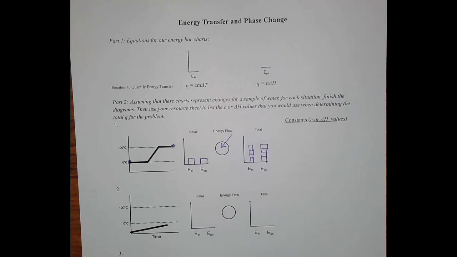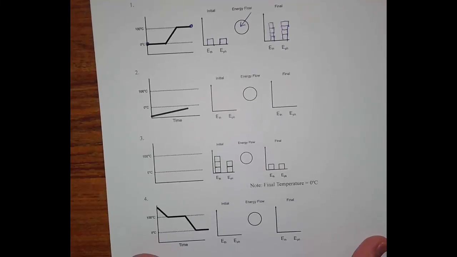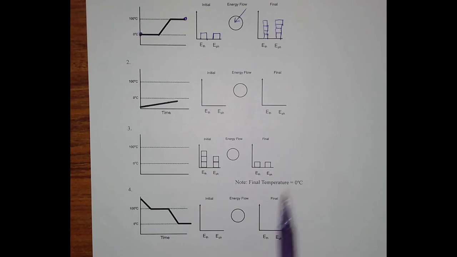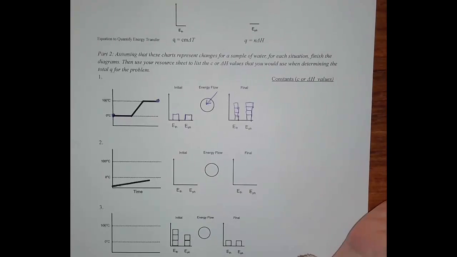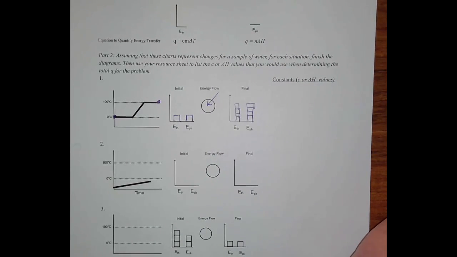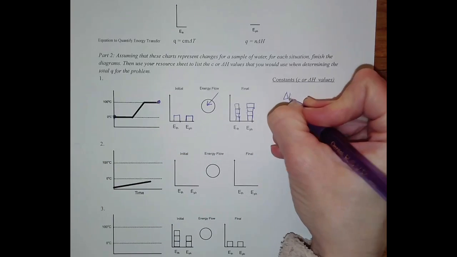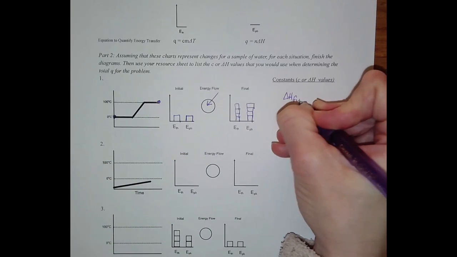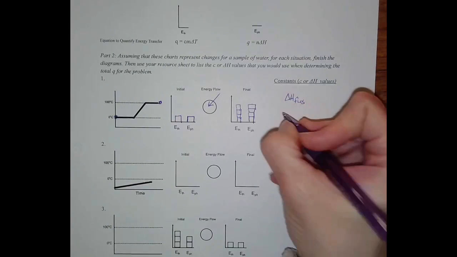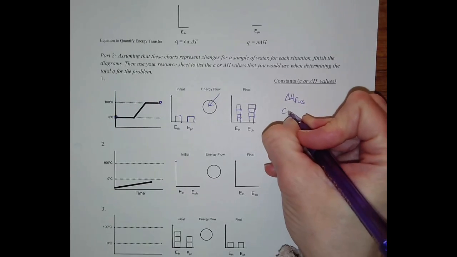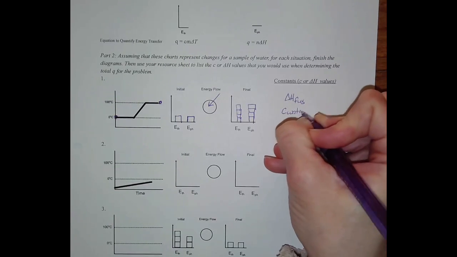I would like you to take a few minutes with your team and fill in charts 2, 3, and 4. See if you can describe, oh wait, we forgot one part. Constants or delta H values that are going to be needed. Okay. So here we are going to need delta H of fusion. We're going to need the specific heat for water.